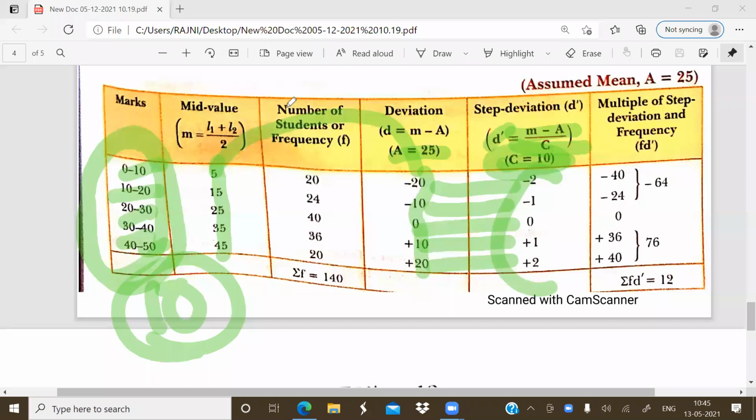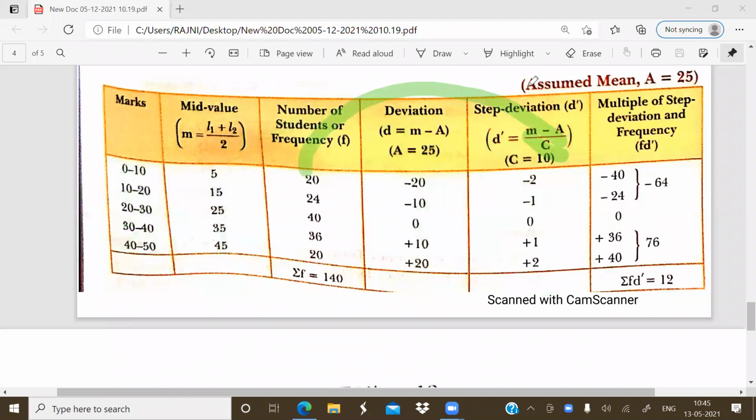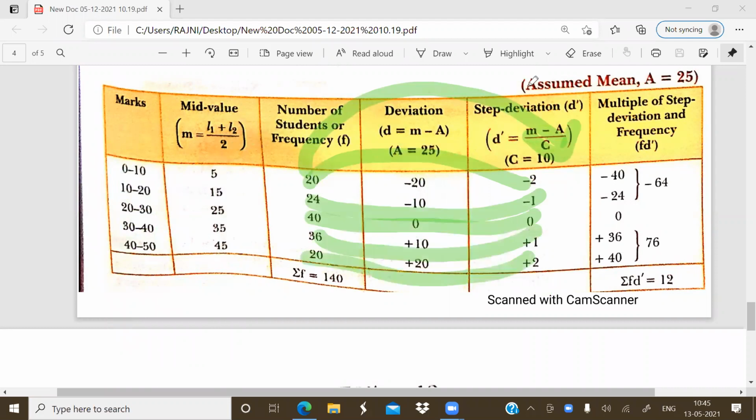This is D dash. Now the last step, D dash will be multiplied by F: 20 into minus 2, 24 into minus 1, 40 into 0, 36 into plus 1, 20 into plus 2. This will be the calculation. Sum of fd dash is equal to 12. Sum of f is 140.